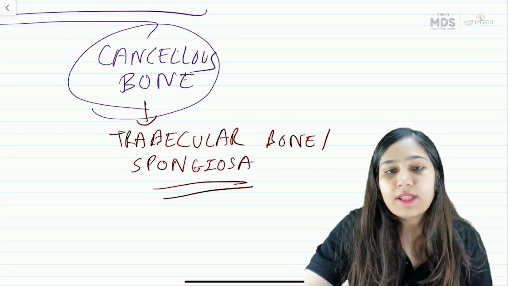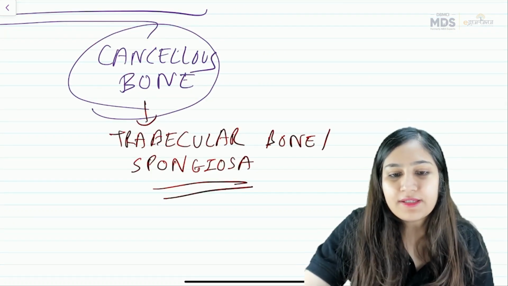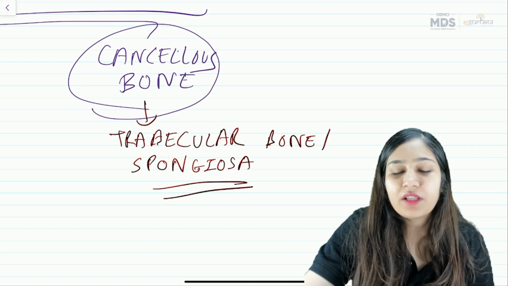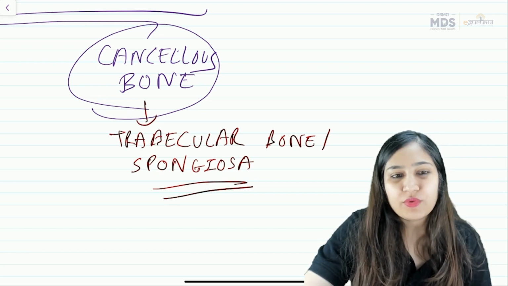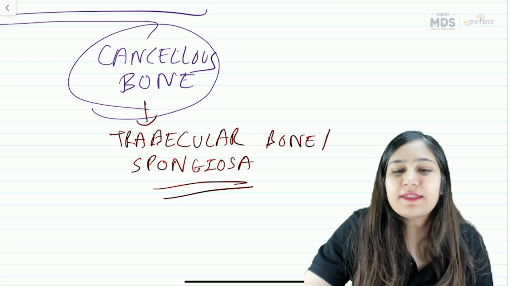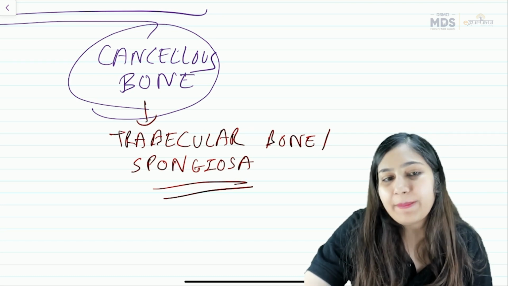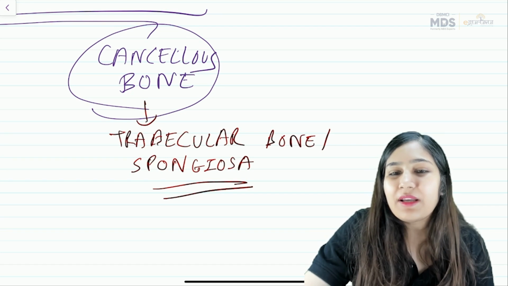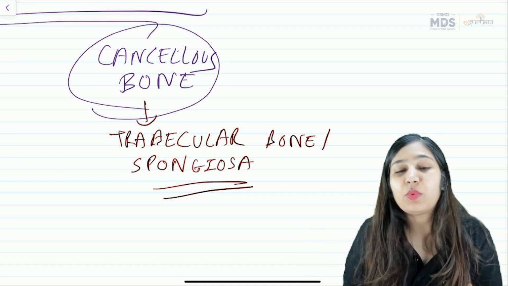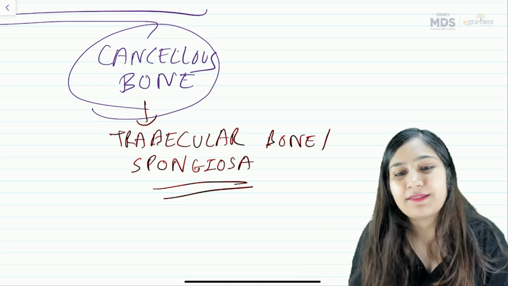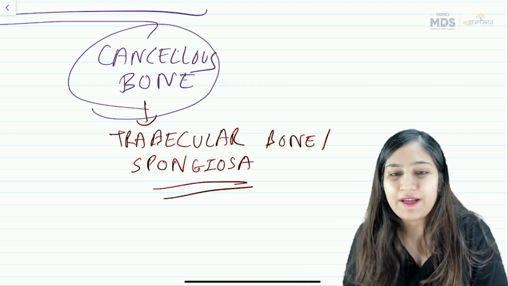Now coming to cancellous bone, as we had discussed, it is also known as trabecular bone or spongiosa or spongy bone, right? This is present mainly in between the two bony plates and between lamina cribriformis. It consists of delicate trabeculae between which are marrow spaces filled mostly with fatty marrow.